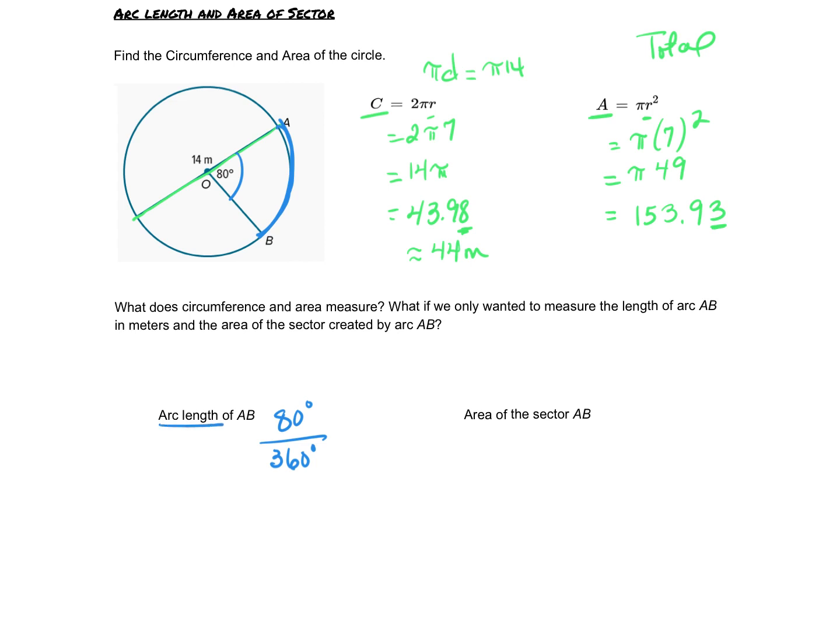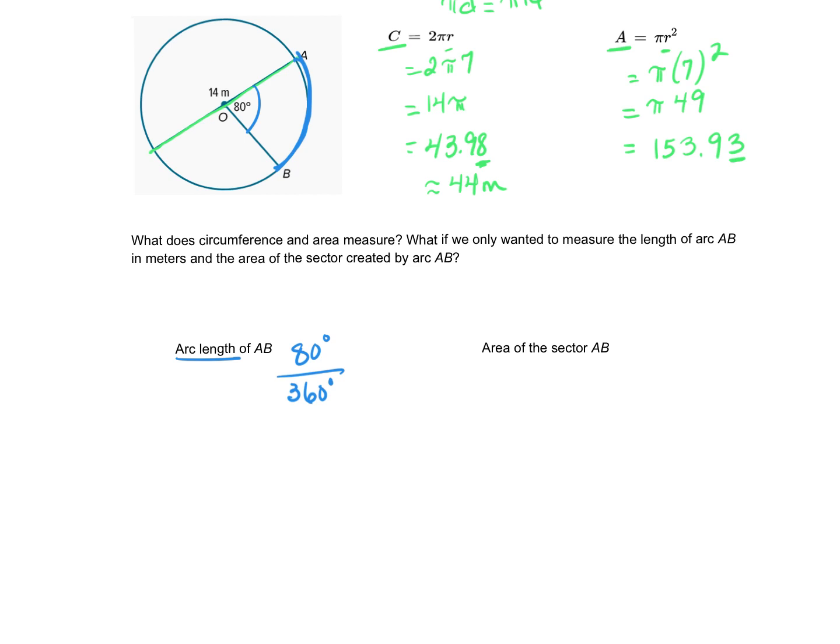Remember, arc length is a portion of the circumference. So let me take my total circumference of 44 meters and multiply that times 80 over 360. Put this over 1, multiply straight across.